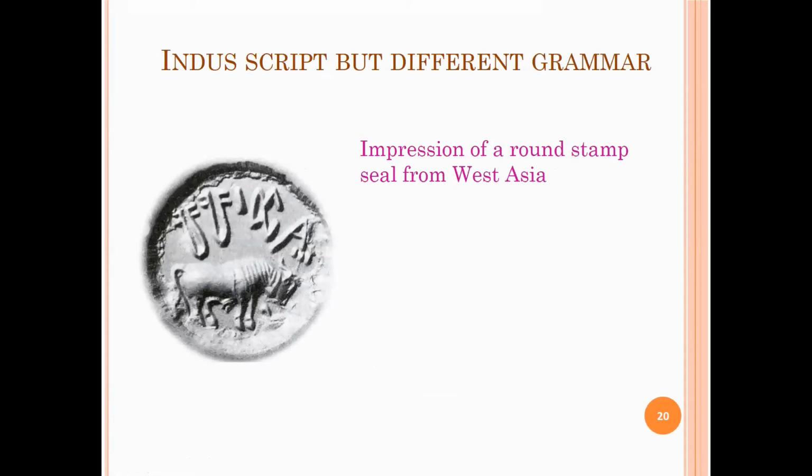Now, we also find at times certain seals in far away West Asian sites, and this is one such example. There are a series of such texts in the corpus, but there was something interesting about these texts which were found at the West Asian sites.